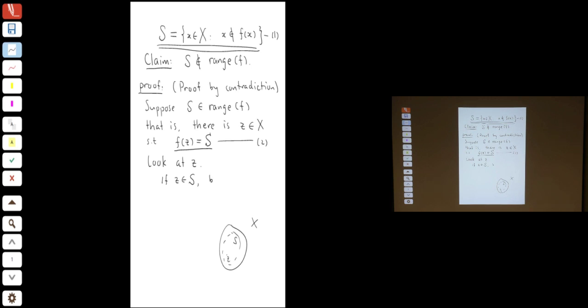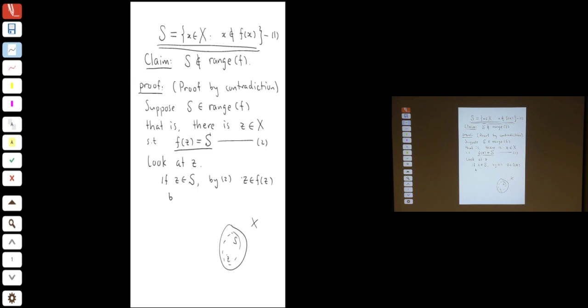So by 1 and by 2, if z is in S, and S is f(z), then by substitution z is in f(z).